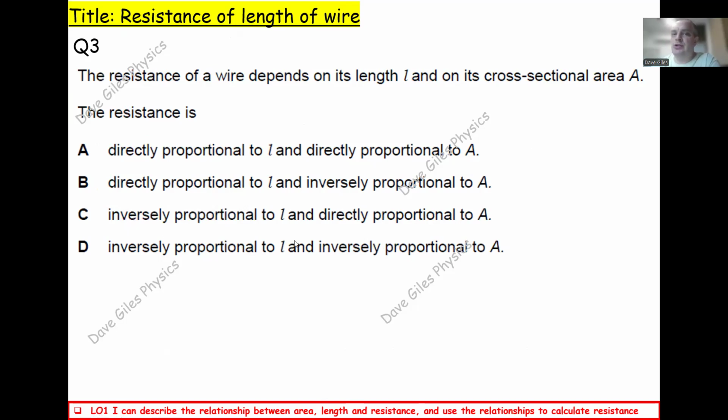Inversely proportional to L, that's incorrect, and directly proportional to A, both parts are incorrect. Directly proportional to L, that's correct, and inversely proportional to A, that is also correct. So looking like the answer is B, but we'll double check A. Directly proportional to L, correct, and directly proportional to A, no, because it's inversely proportional to A, so the answer is therefore B.